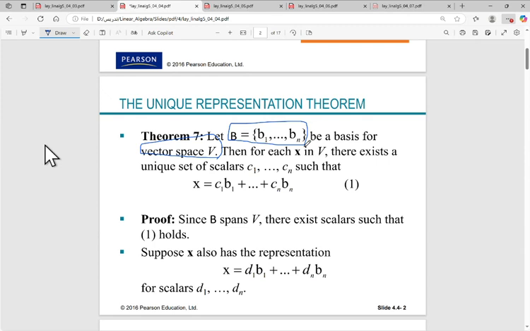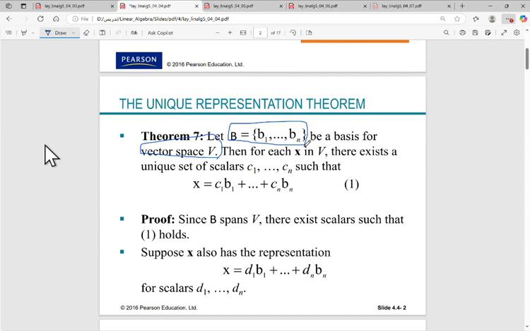So a basis has two properties. What are these two properties? I explained in the beginning of the class. Two conditions, doctor.